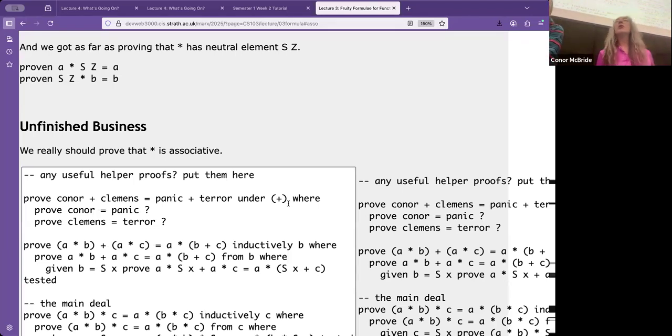Now, for plus, that isn't always a good idea, because although 2 plus 2 is 4 and 3 plus 1 is 4, 2 plus 2 isn't 3 plus 1 because 2 is 3 and 2 is 1. It's not always the case that whenever you get equal outputs, there must have been equal inputs.